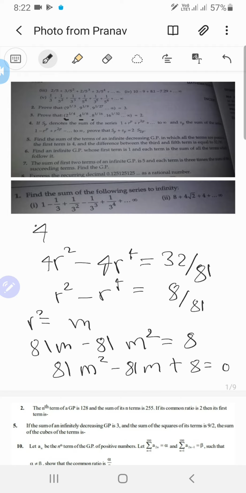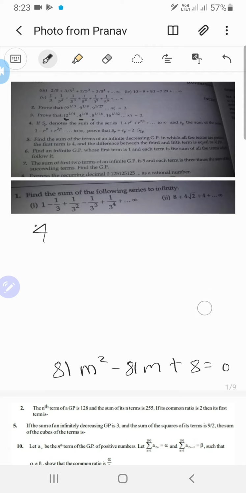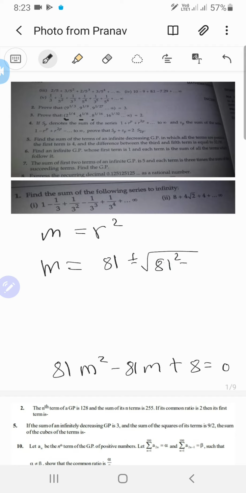Okay, you could use the quadratic formula. Maybe that's the better way out. So here m equals r squared, and m is equal to, using the quadratic formula, positive 81 plus minus root of 81 squared minus 4 times 81 times 8, that is 32 into 81, upon 2 into 81.